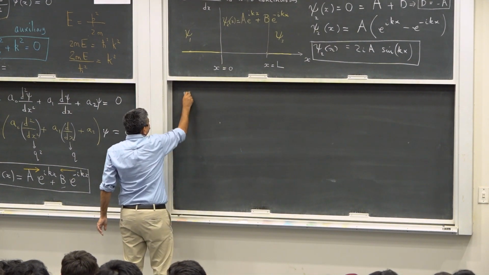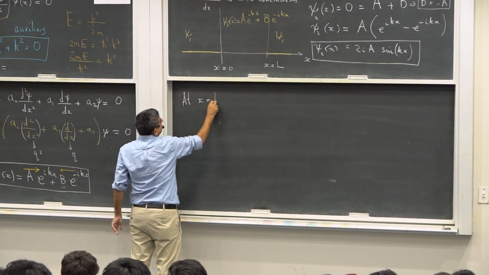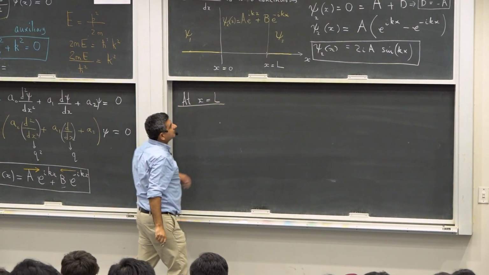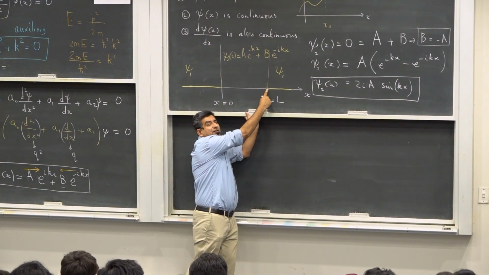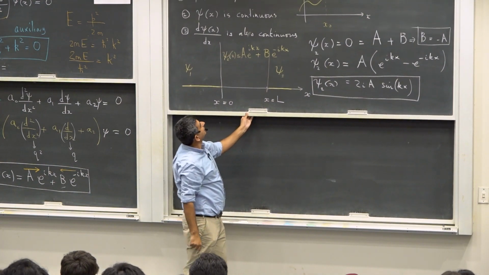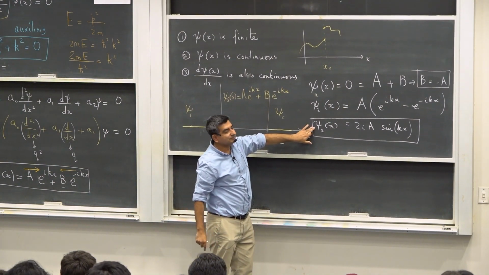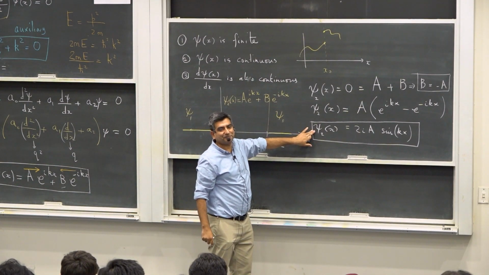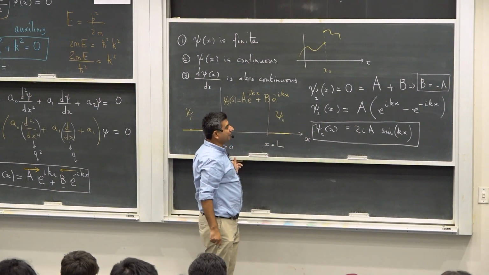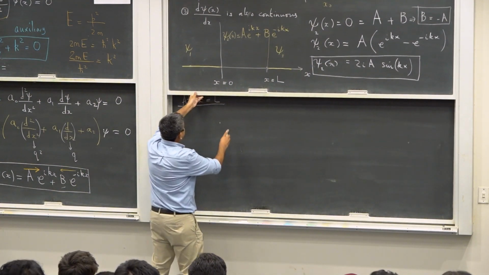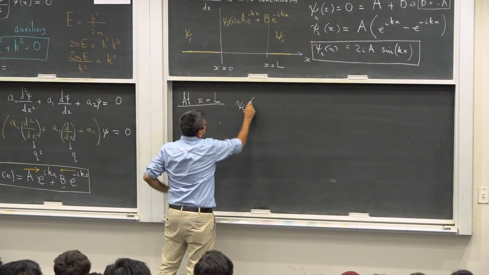Got it? Now can I find this A? Is there another kind of condition, constraint that can help me find out A? So the sum of all the probabilities must be 1. So I'll do that later.